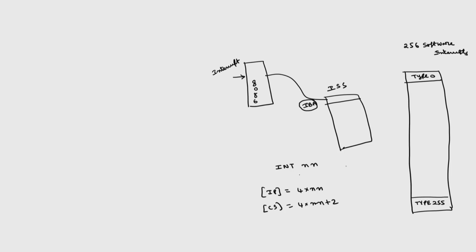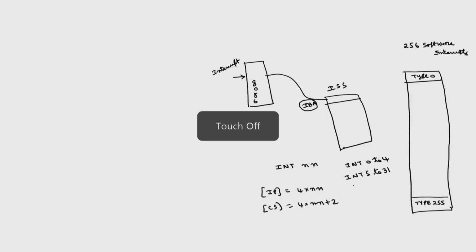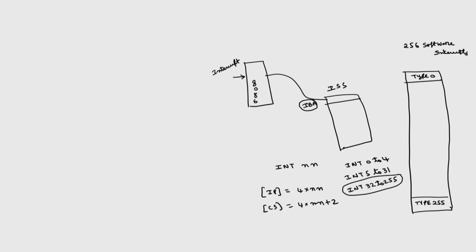In this, INT 0 to 4 have some special purpose, and INT 5 to 31 are reserved. So only INT 32 to 255 are allocated to the user for external use.